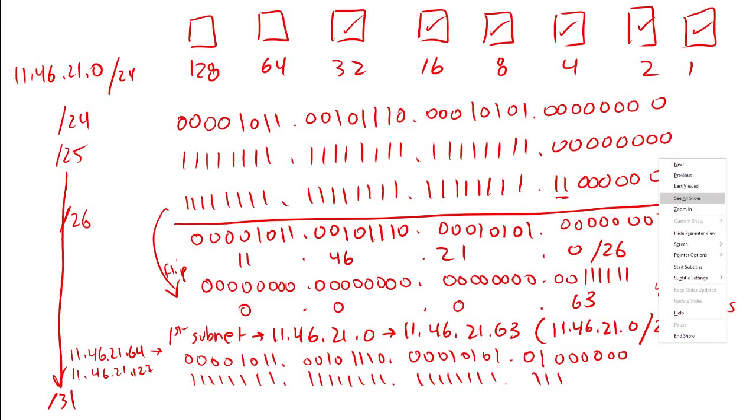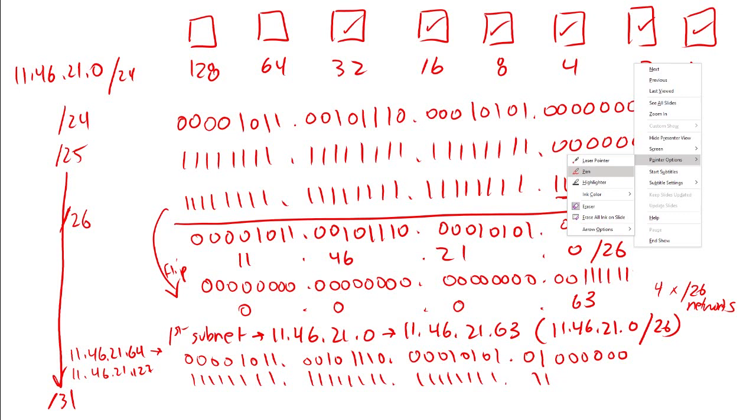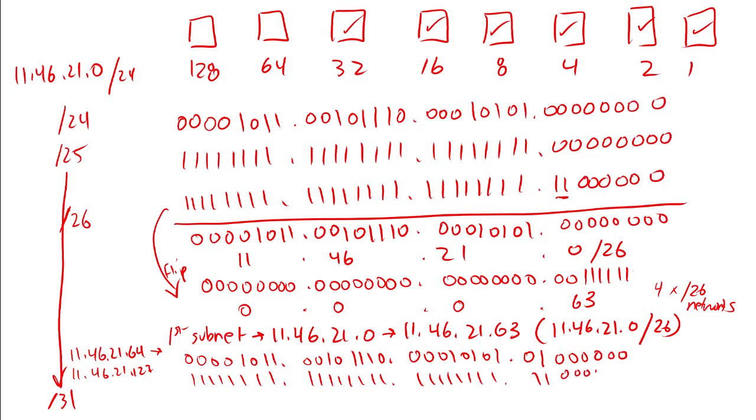Oops, 24. So now we can subtract that, and we end up here with 11.46.21. And in this case, we'll have to figure this one out. So it'll be 01000000. So dot. Oh, what am I doing? So that's 64. So this is not what I wanted.